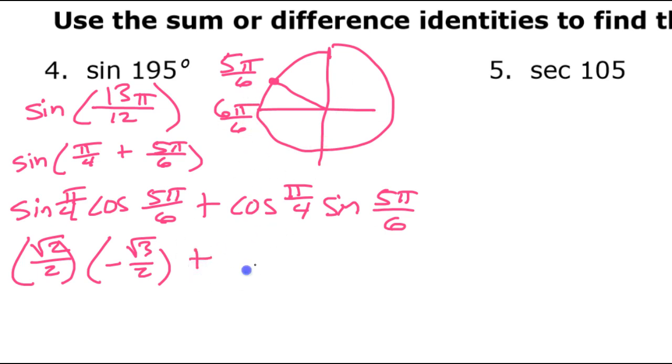So keep going. Cosine of pi over 4, that is also radical 2 over 2. The sine of 5 pi over 6. Well, the sine of reference angle pi over 6 is 1/2. So it's just a matter of, is the sine function positive or negative in quadrant 2? It is positive.